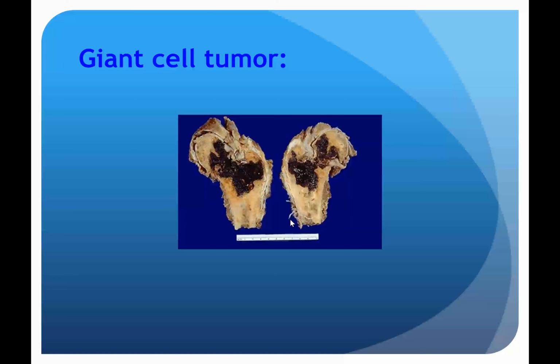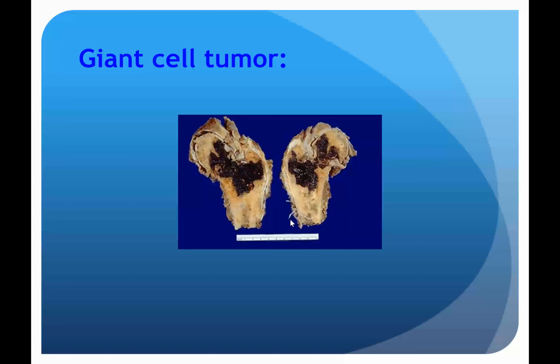The giant cell tumor is a neoplasm, also called osteoclastoma, because it contains a large number of osteoclast-like giant cells admixed with mononuclear cells, monocytes, and macrophages. It is a relatively uncommon benign tumor, but it is locally aggressive. These tumors are slightly more common in females.